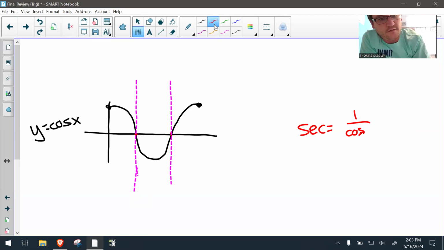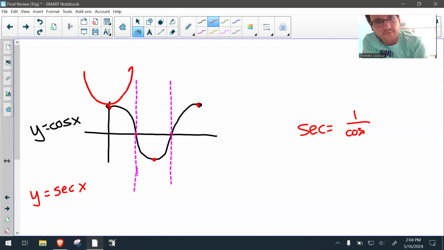Now, the secant function, y equals the secant of x, has very much to do with this cosine. Basically, what happens is we look at the cosine, and anywhere we see these maximums or these minimums, we draw some U-shapes. So it's going to look like this.